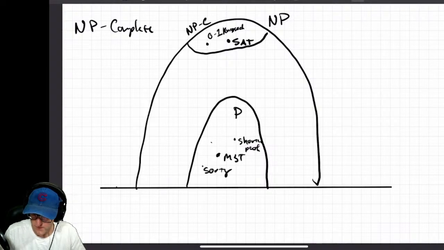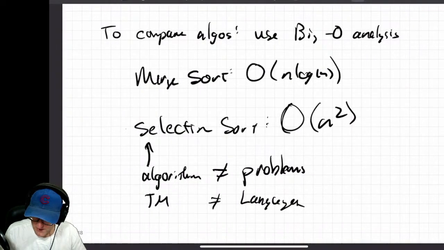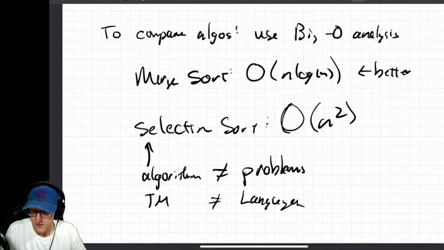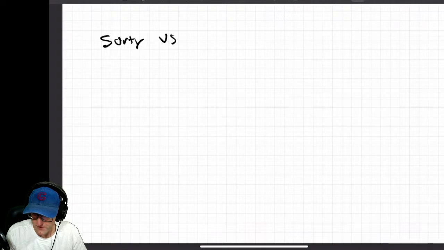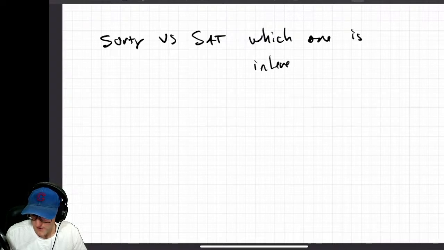So to get back to what I was saying before, to compare algorithms, you use big O analysis. Merge sort is better than selection sort because it has a better running time. But what if I were to compare two problems, right? Sorting versus, I don't know, SAT. Which one is inherently harder?